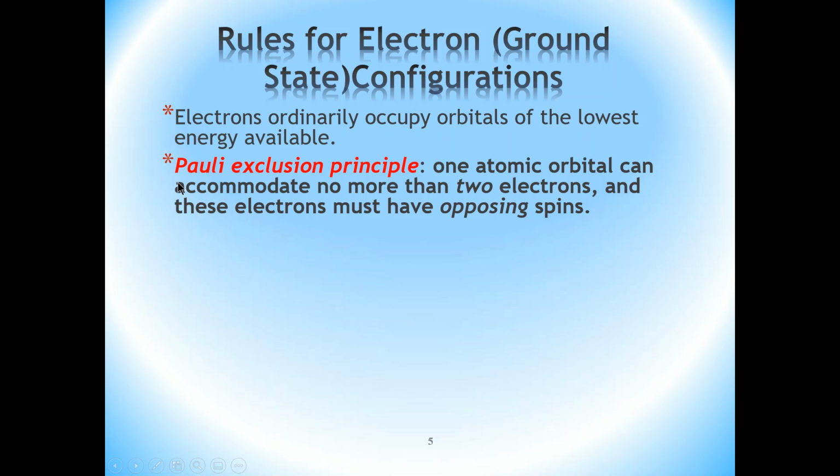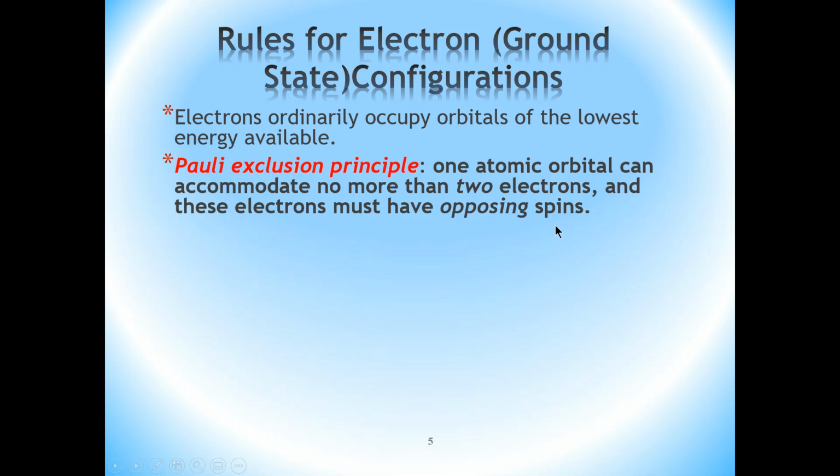And then we get to the explanation as to why electrons occupying the same orbital will be spinning in opposite directions. This is stated by the Pauli exclusion principle, which says that one atomic orbital can accommodate no more than 2 electrons, and these electrons must have opposing spins. All right, so that's Pauli's exclusion principle.